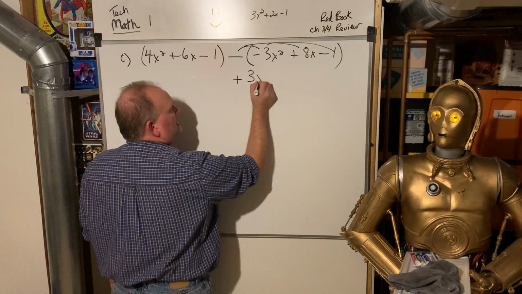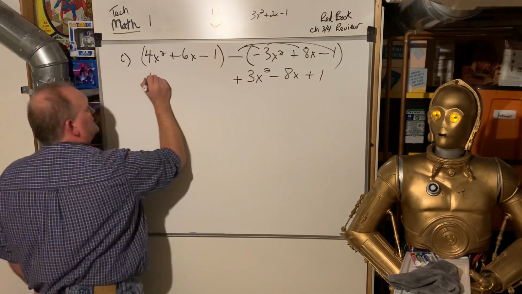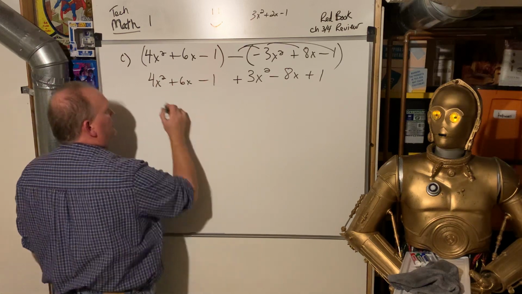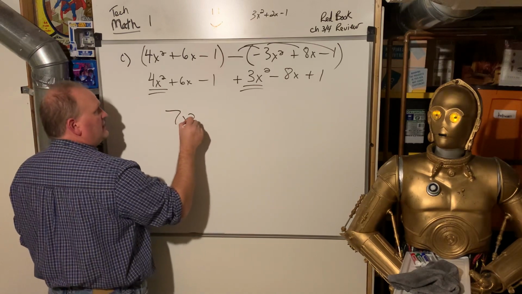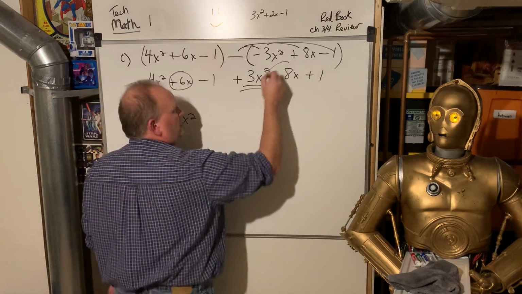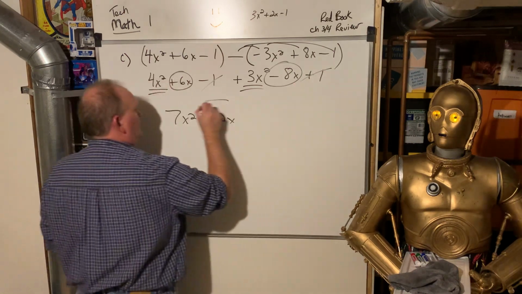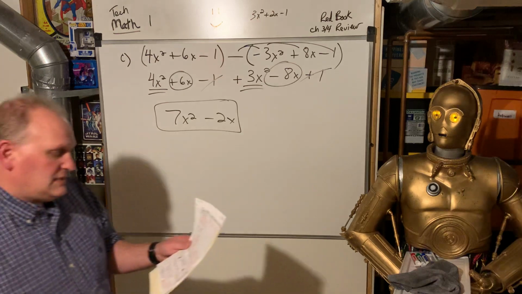So that becomes plus 3x squared minus 8x plus 1. This stays 4x squared plus 6x minus 1. And now we add those together, we get 7x squared. We add those together, we get negative 2x, and we add those together and they zero out. So that's it, 7x squared minus 2x.